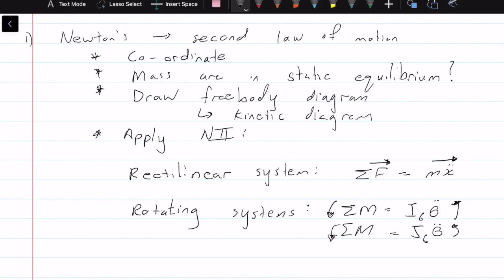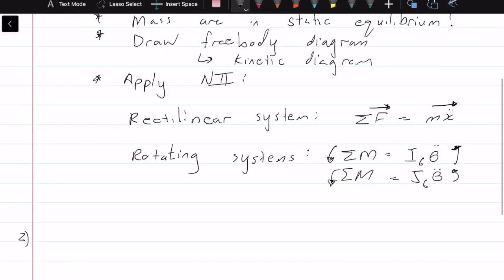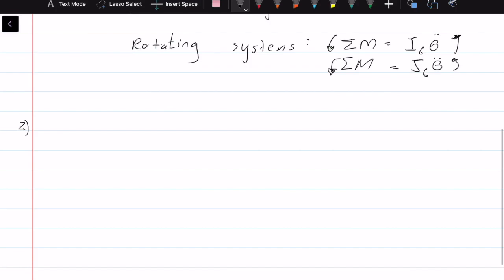So that's the steps for Newton's method. We're going to go through a couple of examples of these, but I just want to introduce the second method, which is the energy method, let's call it the conservation of energy method.